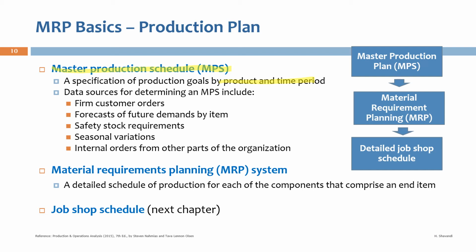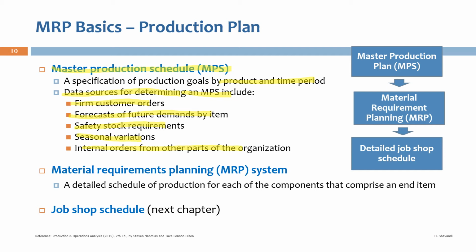The data sources that we need in order to prepare an MPS will be firm customer orders, forecasts of future demands by item, I mean end items, and safety stock requirements, seasonal variations, and also internal orders from other parts of the organization. Okay, so these data will be used to prepare a master production schedule for the end item.